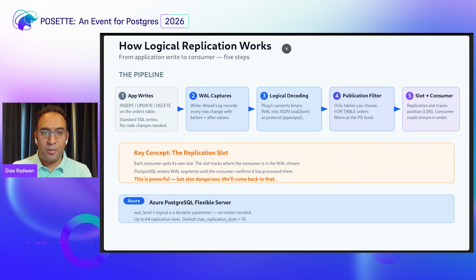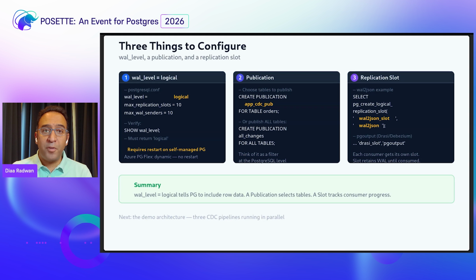Sorry about this. So let's see how replication is working. This is the configuration of the WAL, how we can configure that. There are three items that we need to configure. First thing, we need to change the wal_level to logical.